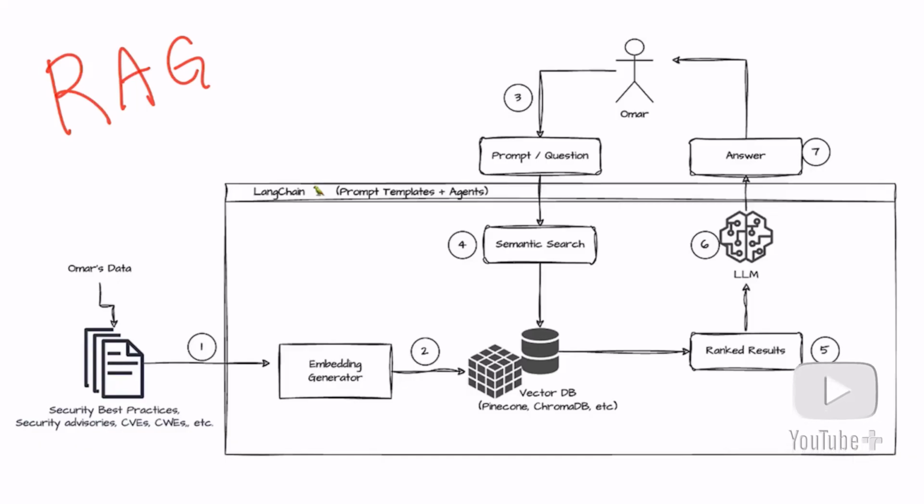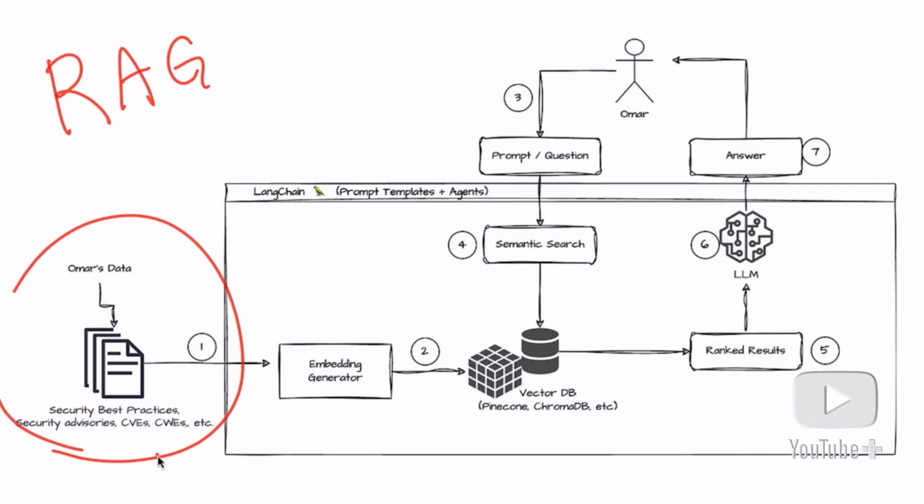So in this example that you see on the screen, basically I have my own data. In this case, for this example, I have security best practices, security advisories, CVE, so vulnerability information, CWE, which is the root cause of the vulnerabilities, and so on.